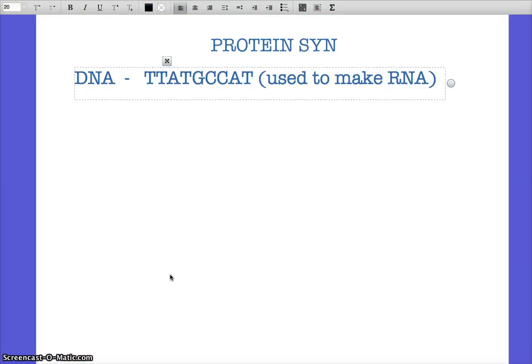All right, so we're going to pretend we're doing protein synthesis. We're going to imagine DNA unzipped, and this is one side of the DNA strand, which is going to be used as a template to make RNA, okay? Tell me what the RNA is going to look like.